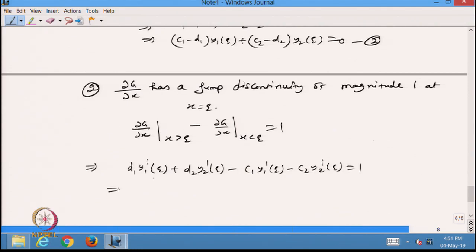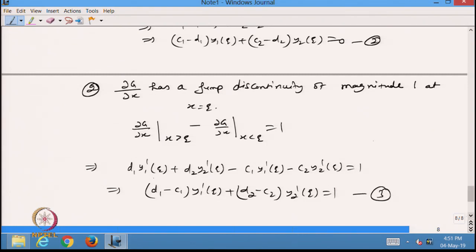So, from here I can say that (d1 minus c1) y1'(xi) plus (d2 minus c2) y2'(xi) is equal to 1. So, this is another equation we are going to have. This is equation number 3.